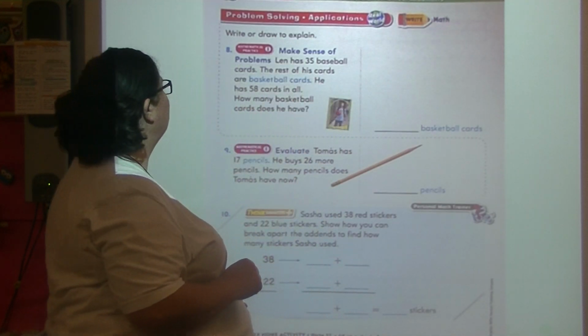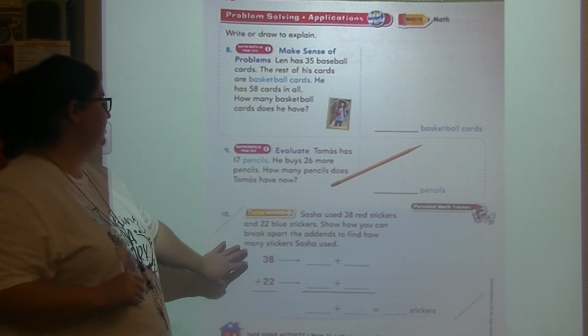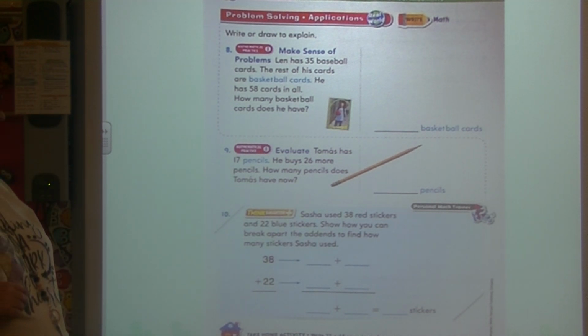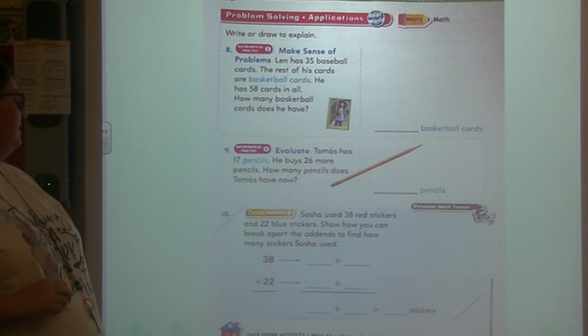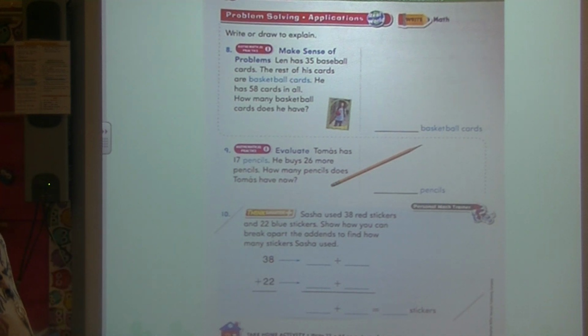Okay, now turn back to this page. We're going to come down to number 10. Sasha used 38 red stickers and 22 blue stickers. It says, show how you can break apart the addends to find how many stickers Sasha used.